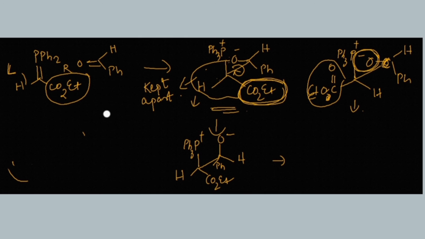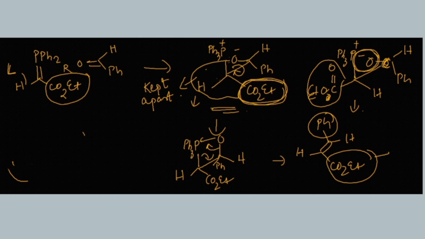So now a bond will be formed between this PPh3 and O, and again syn elimination will take place, and we get the alkene. This one is a large group, this one is also a large group. These two are large groups and they are on opposite sides, so it is a trans or E alkene.